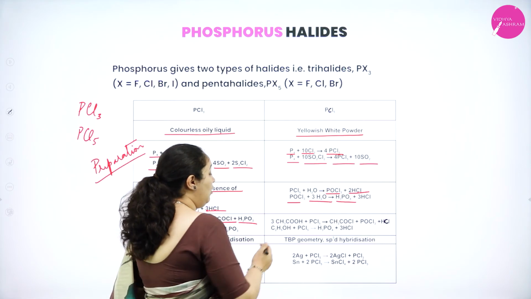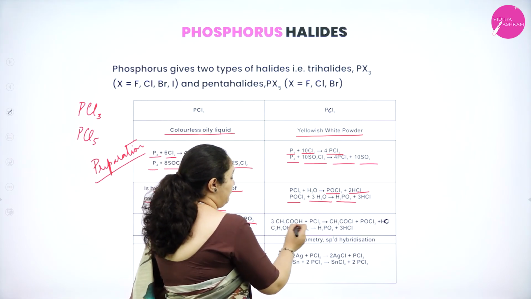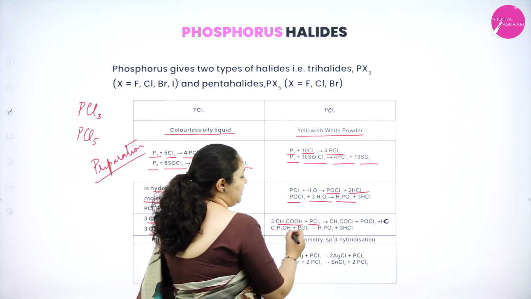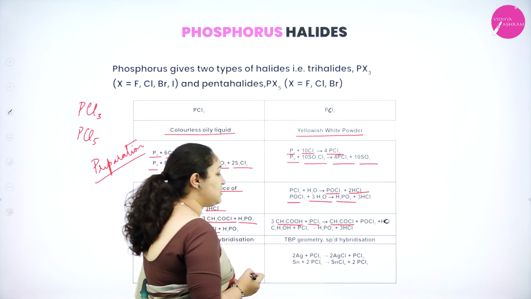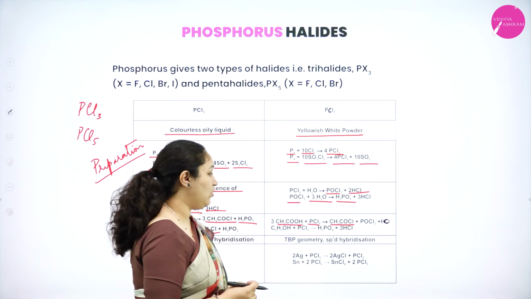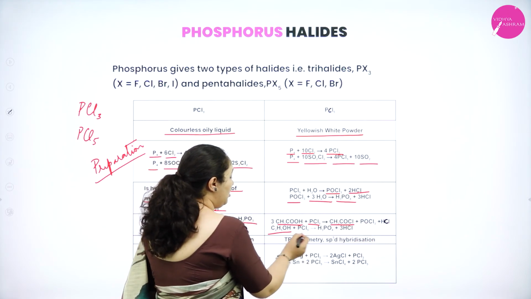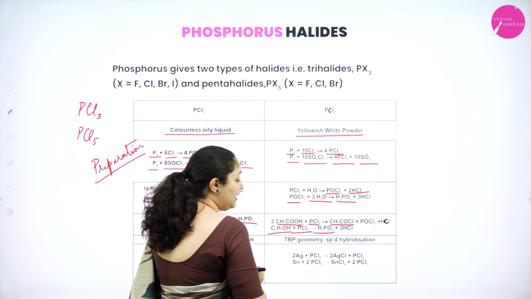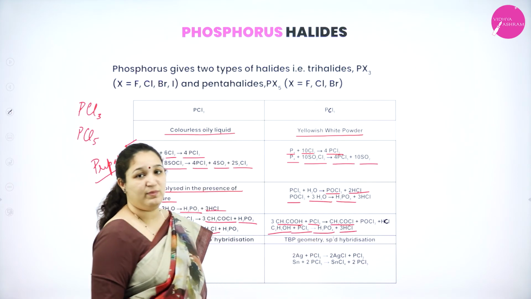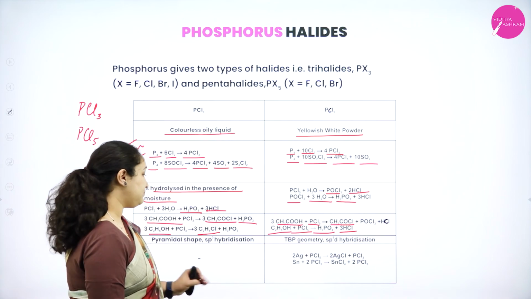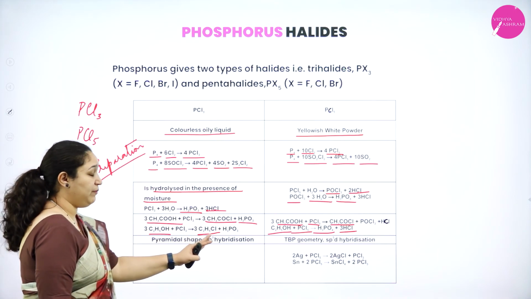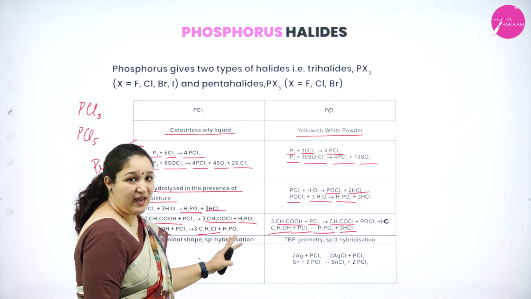Okay, so what about PCl5? With acetic acid, with PCl5, you will get CH3COCl, that is acetyl chloride, POCl3 and HCl. Also, alcohol with PCl5 will give H3PO4 and HCl will be obtained. Okay. Next, PCl3 has a pyramidal shape, that is, it has got sp3 hybridization.